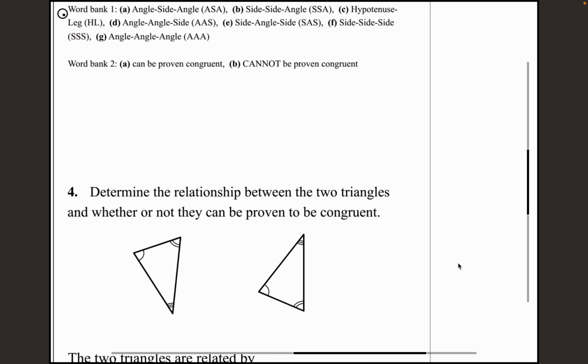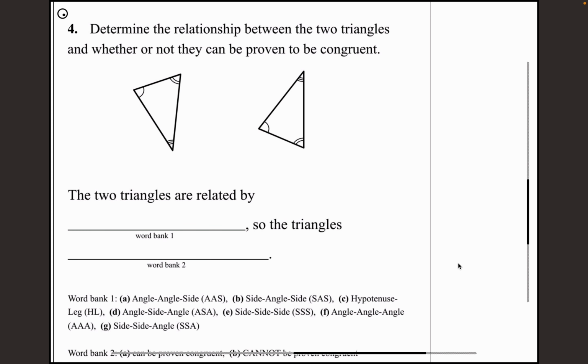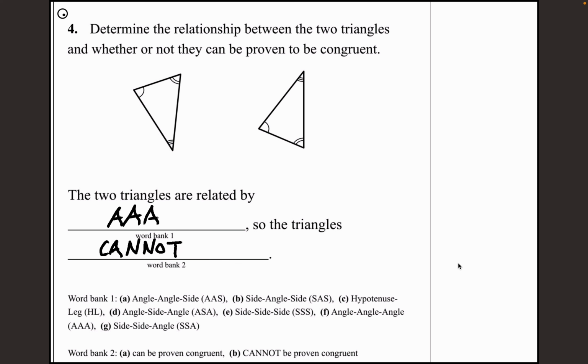Let's look at this one. What's this an example of, Mia? AAA. Can they or can they not? Cannot. Perfect. That's not one of the ones we talked about. Good.